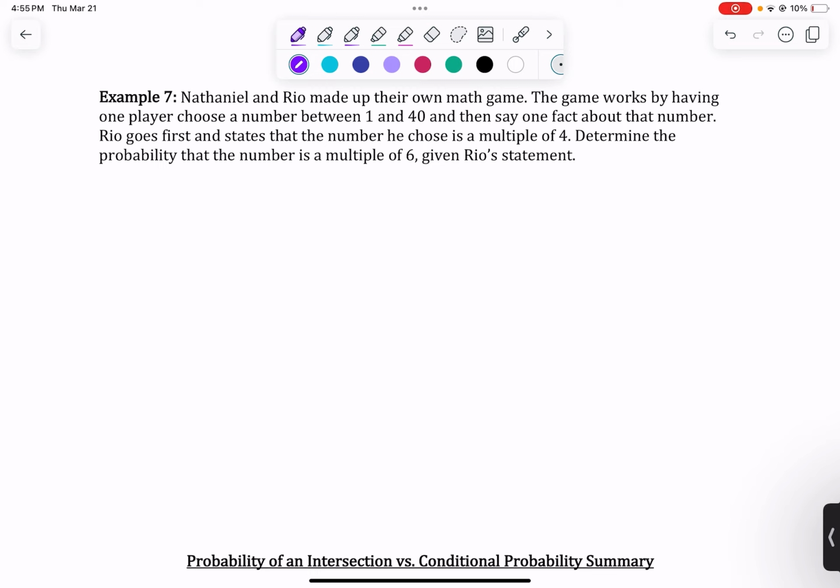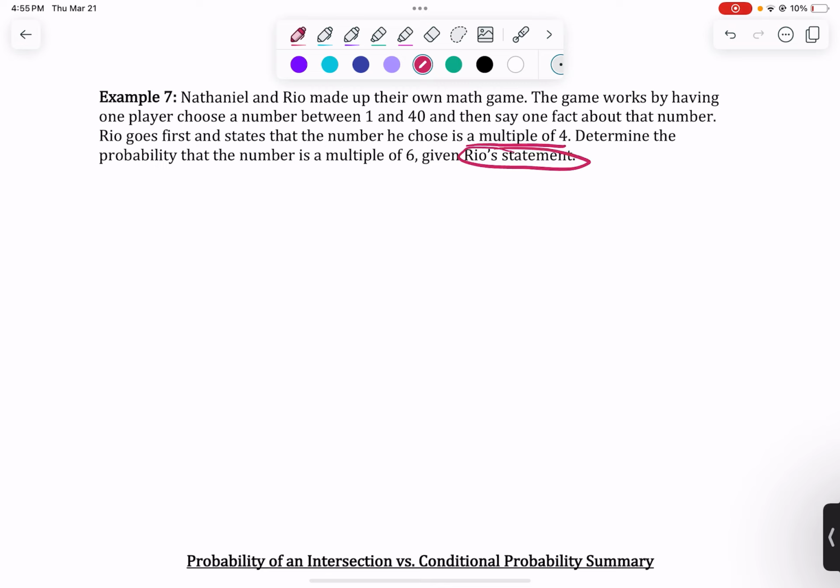And then someone says a fact about that number. So Rio goes first and states that the number he chose is a multiple of 4. We want to determine the probability that the number is a multiple of 6 given Rio's statement. So remember, Rio's statement was that the number was a multiple of 4.